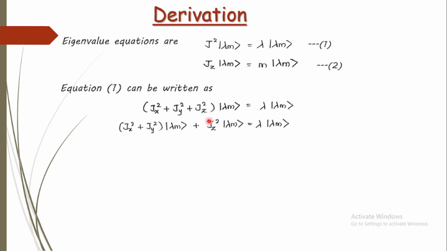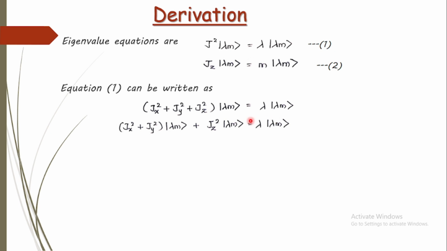And now we will separate it. And the separation is done in such a way that we are keeping Jz square as a separate one, and here we are having the collection of Jx square plus Jy square into ket lambda m plus Jz square ket lambda m equals RHS as it is.